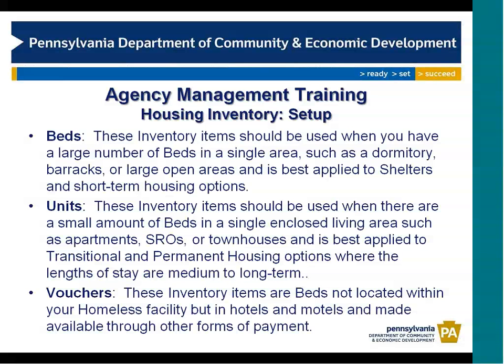They're best applied to transitional housing, permanent supportive housing, and permanent housing, places where lengths of stay are medium or long term, where you put families or single apartments for special need clients. Because when you create units, you're creating the container plus the individual beds within a unit. You're not just assigning people, here's 4 people in a unit. You need to put them in the unit plus the individual beds.